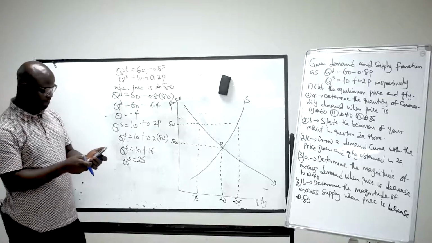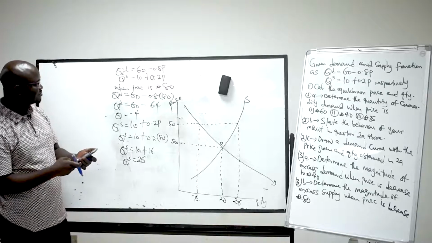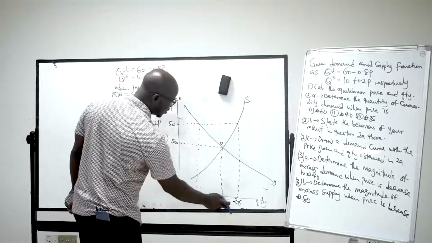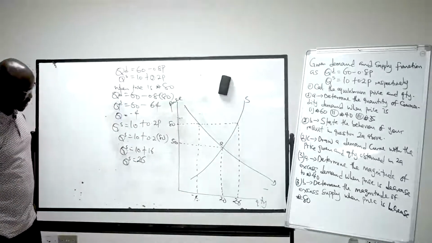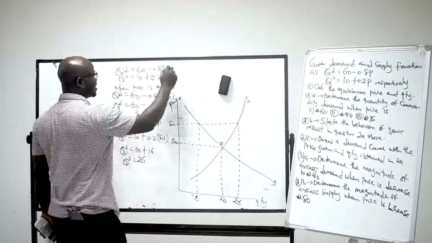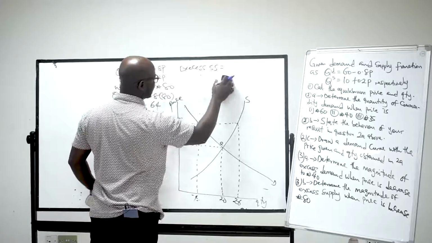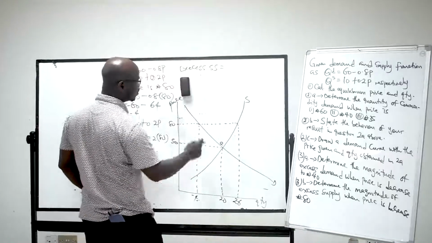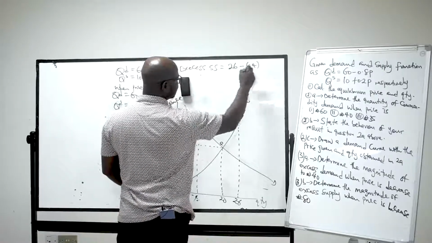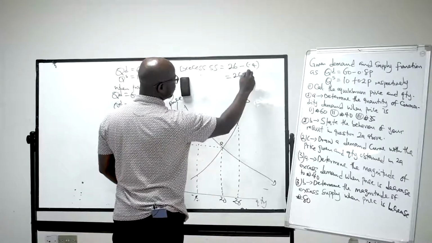Let's confirm the first one again. 0.8 times 80 is 64, then we have 60 minus 64. So when you trace this here, the difference between these two will give us the excess supply. So the excess supply here is equal to 26 minus minus 4, which is 26 plus 4.